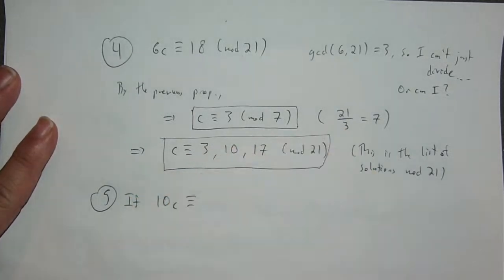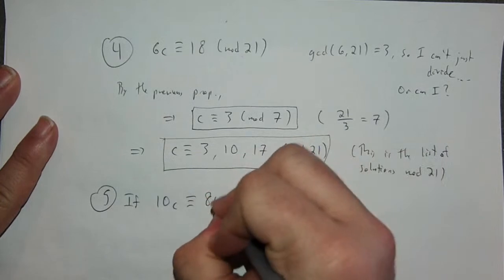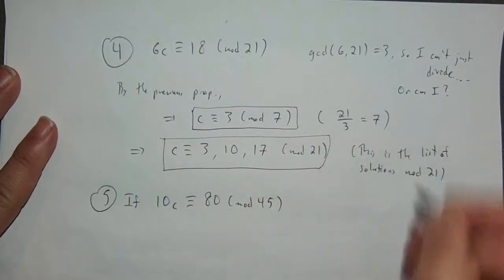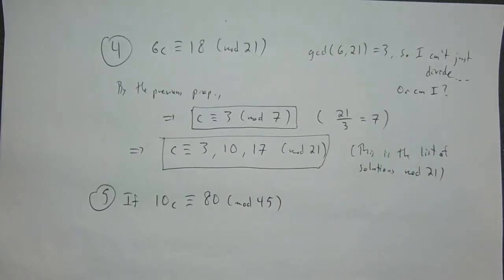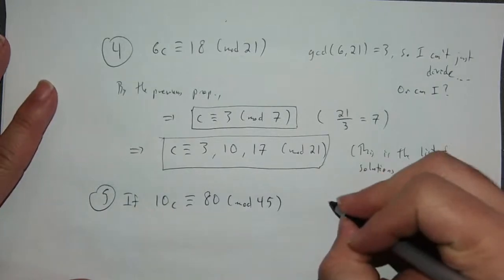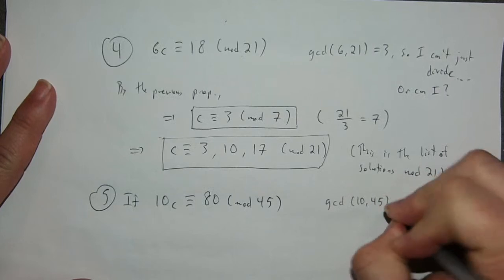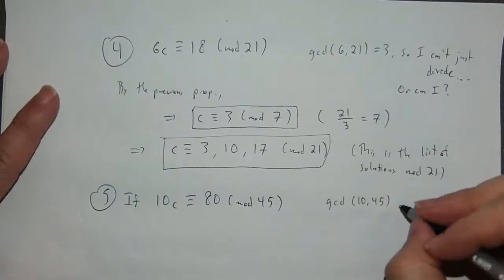So if 10C is congruent to, say, 80 mod 45, then what do I want to do here? Well, I can say the GCD of, say, 10 and 45 is 5.